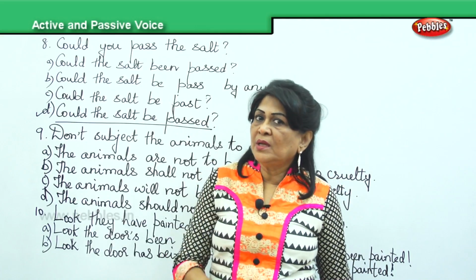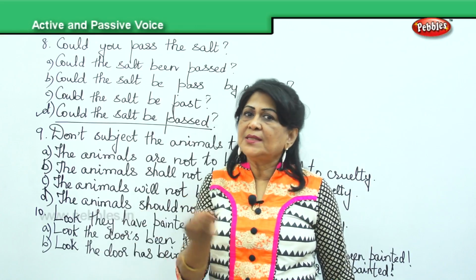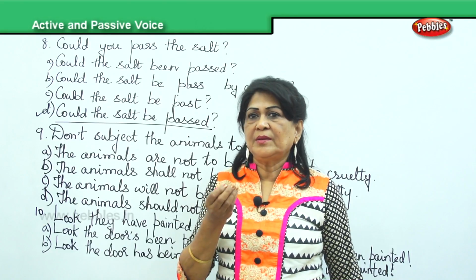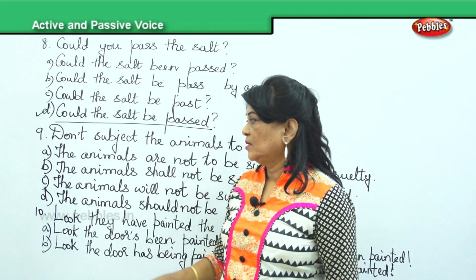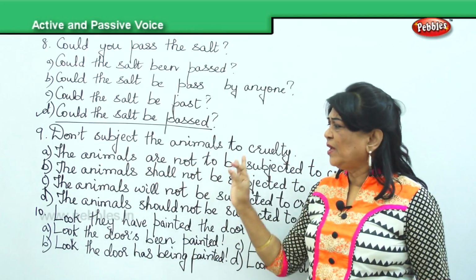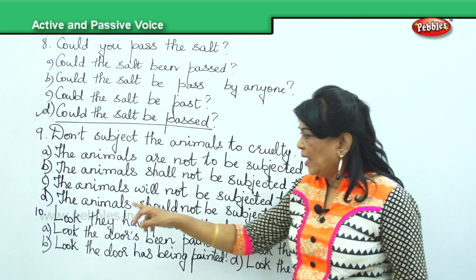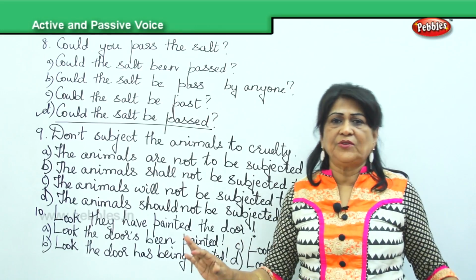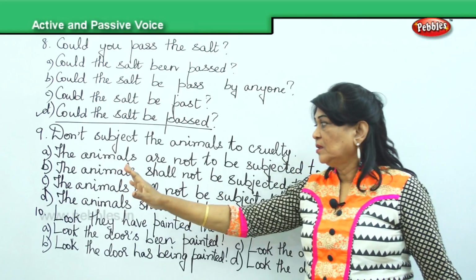That which orders or commands or requests or seeks a plea or submits to some obligation. So now we don't have any of these in this sentence. Animals should not be subjected to cruelty is just a general rule. But here it says don't.